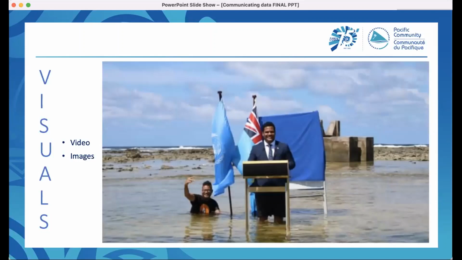It still does the rounds now. It's a photo of Tuvalu's Minister for Justice, Communication and Foreign Affairs, Simon Coffey, giving a COP26 statement while standing in the ocean. And I think what this now iconic photo did was ensure that Mr. Coffey's words were carried in major media outlets around the world and shared extensively on social media.